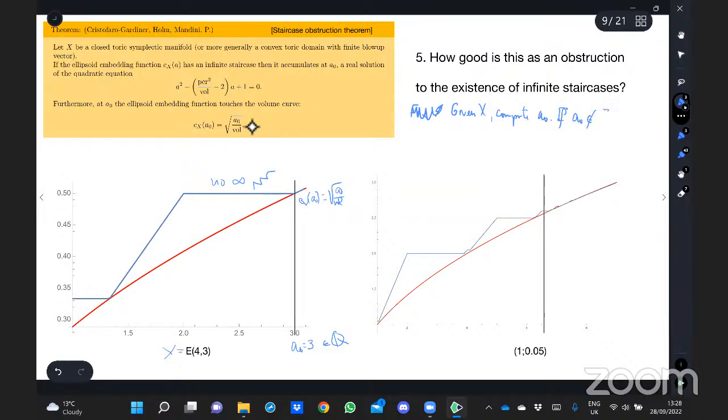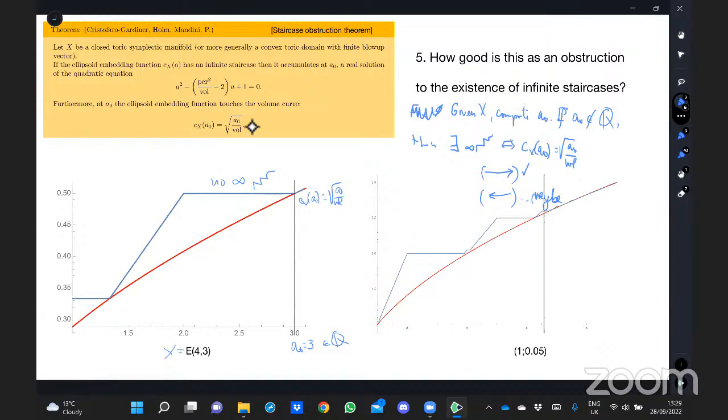If A naught is an irrational number, then there exists an infinite staircase if and only if C sub X of A naught is equal to the volume curve, right? In this direction, like I said, that's a yes. And this one is a maybe. So we haven't been able to prove this, but we have not found a counterexample. And we've looked.